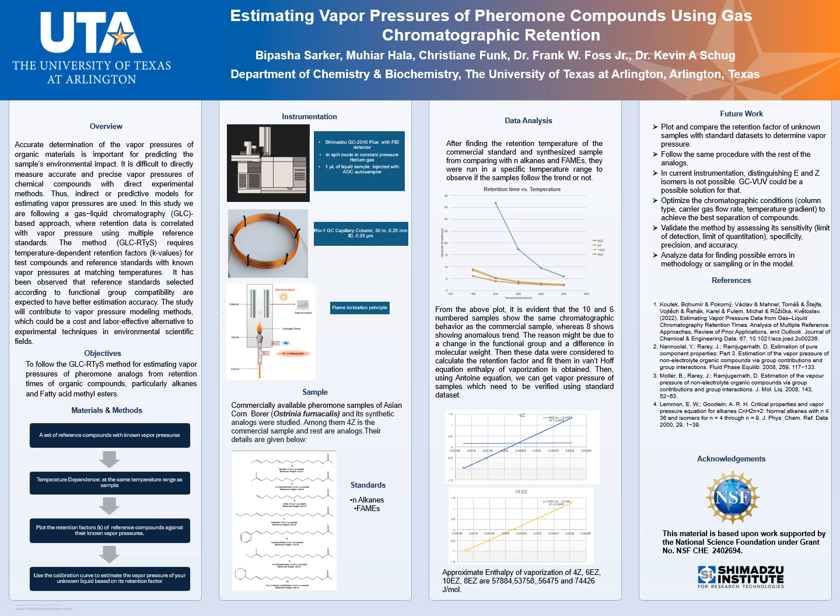In this case, we are following both alkane and FAME mix as our reference standards, to get the most value from our data and to examine whether we get accurate results.